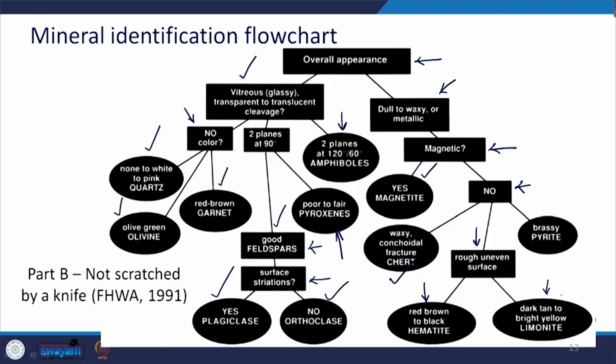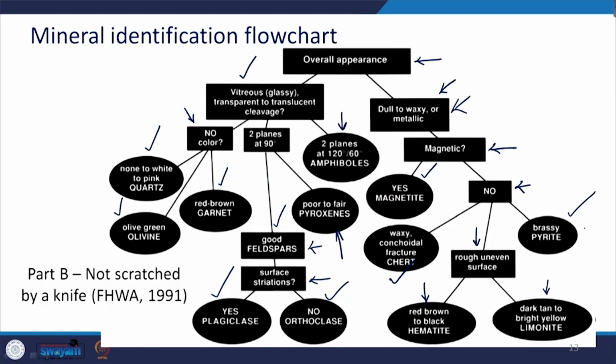If it is dark tan to bright yellow color, then it is limonite. If the appearance is dull, it is not magnetic, then if it has a look of brass, then it is the pyrite mineral.